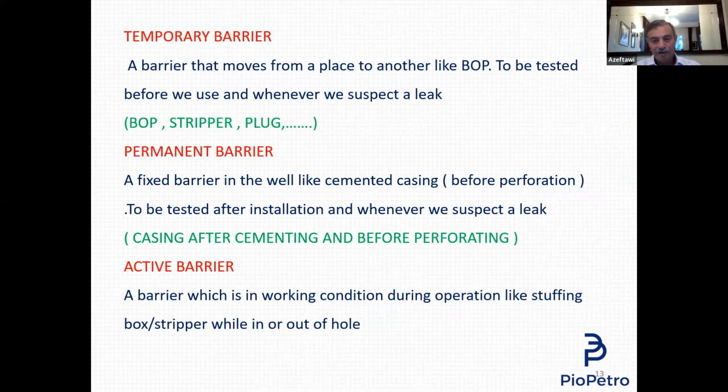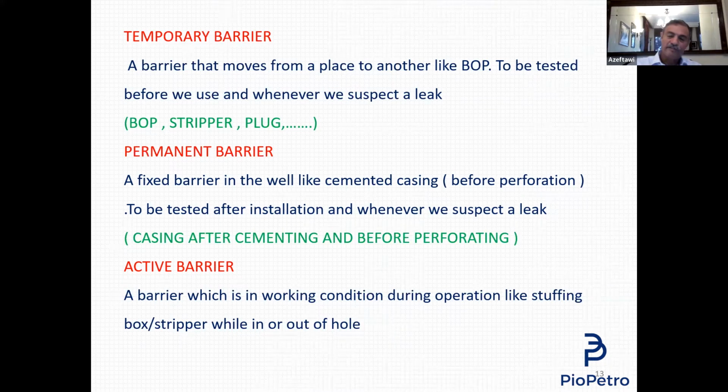While a permanent barrier, you test it after installation. A BOP is a temporary barrier. That's why you test it before we use. But the casing, since it is a permanent barrier, you test it after installation. You have to run the casing first, then cement it, then you test it.